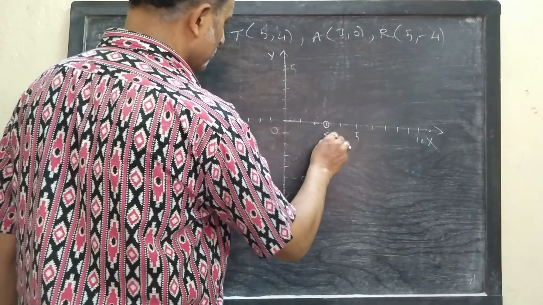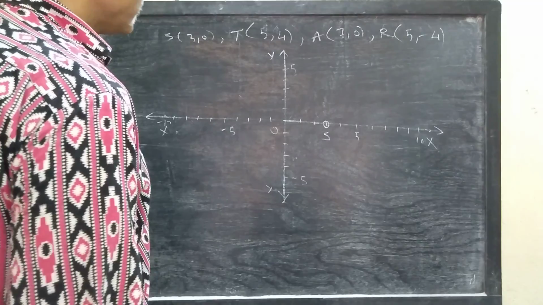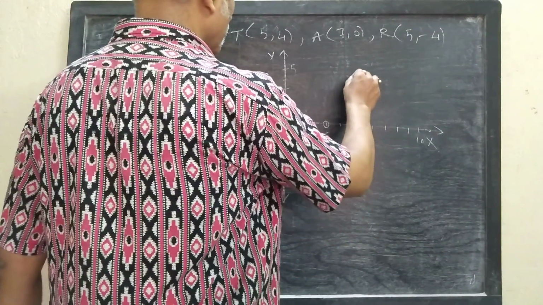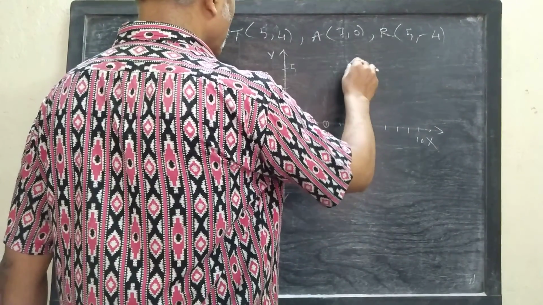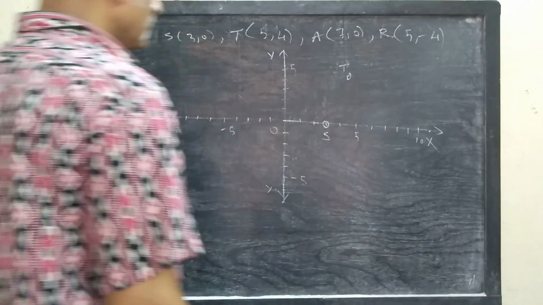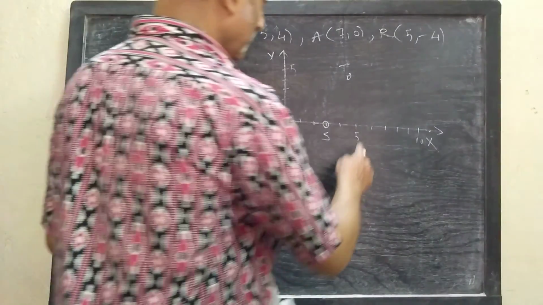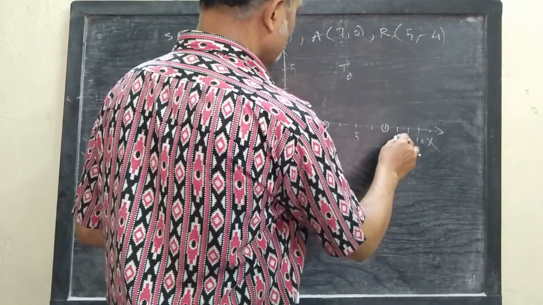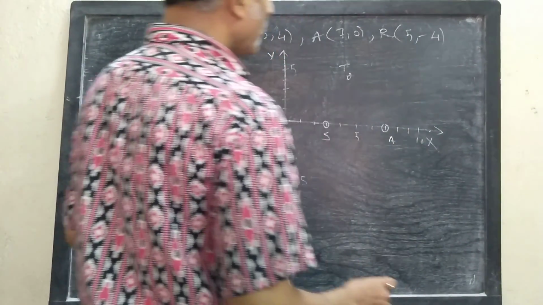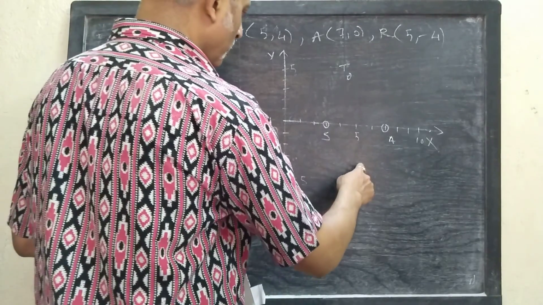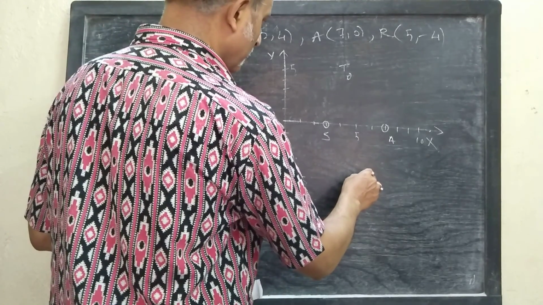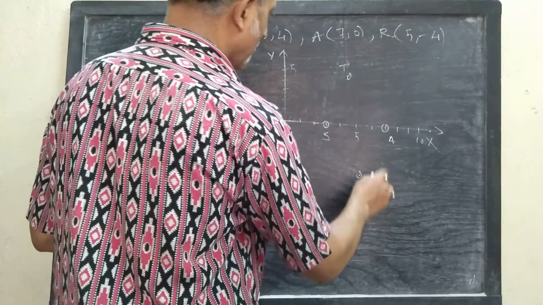S. T is at (5, 4). (5, 4) point will be here. T. (7, 0): 5, 6, 7. This will be A. (5, minus 4) point will be here. This is R.